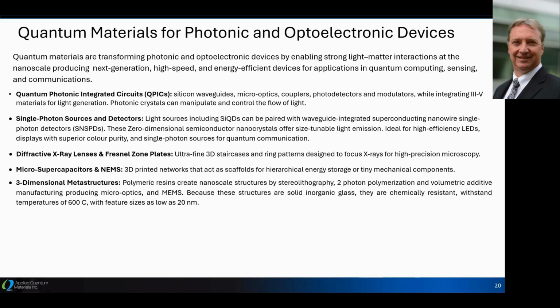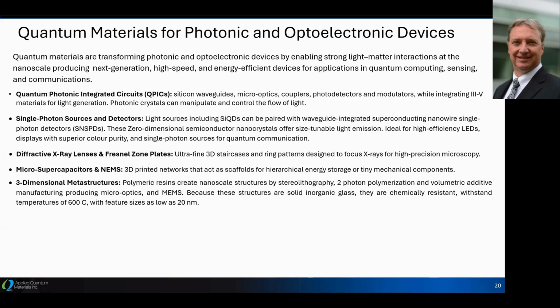Three-dimensional metastructures is a new area for us, where we're developing polymeric resins to create these new 3D structures by stereolithography, two-photon polymerization, and volumetric additive manufacturing. Because these materials are essentially inorganic silicon or silica, they're like glass, so they're chemically resistant, can withstand very high temperatures, and we can get feature sizes as low as 20 nanometers.